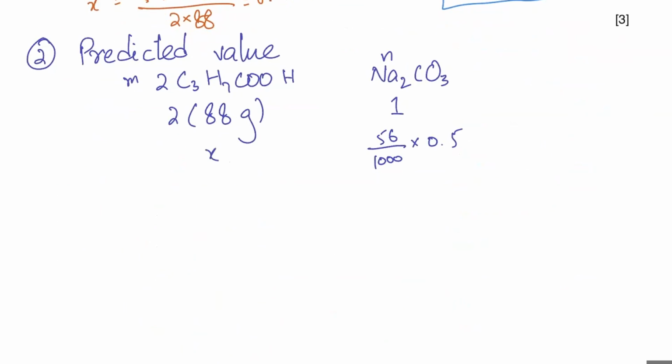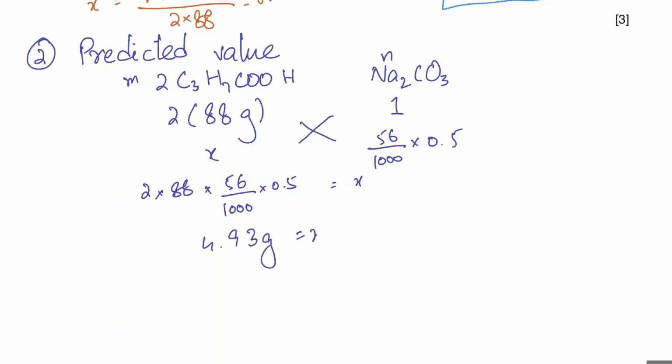And I will predict what the value of this comes out to be. So let me cross multiply again. 2 into 88 into 56 over 1000 into 0.5 will give me X. I get 4.93 grams. This is my predicted value. That is, if we do a complete reaction with this many moles, then I need this many grams.